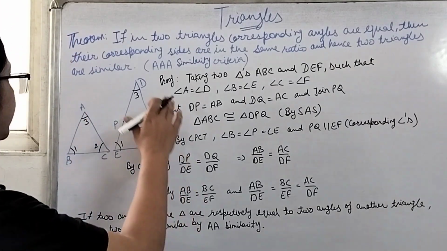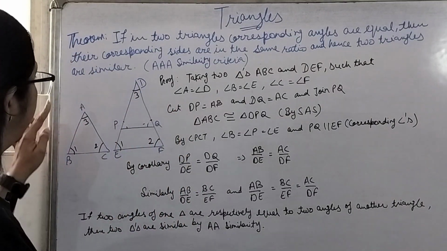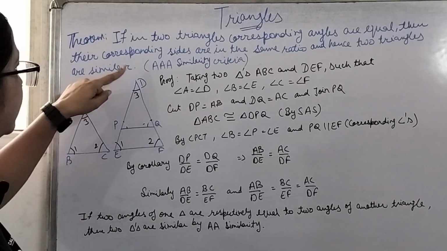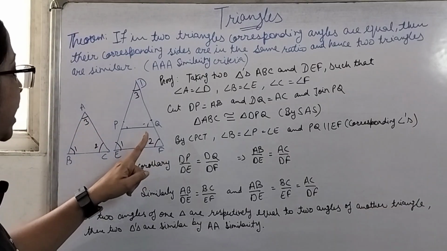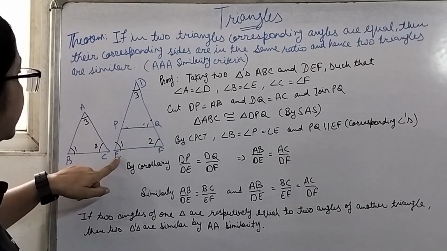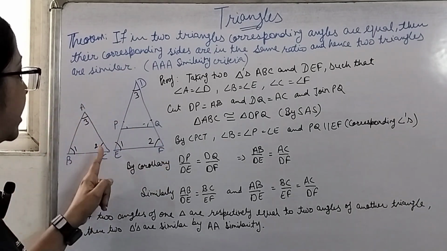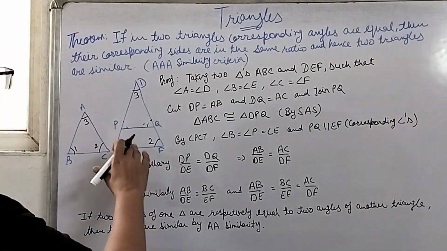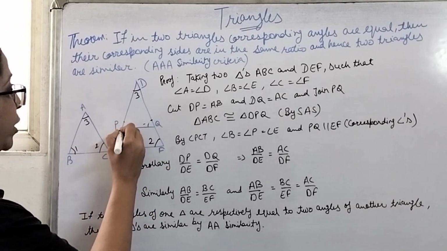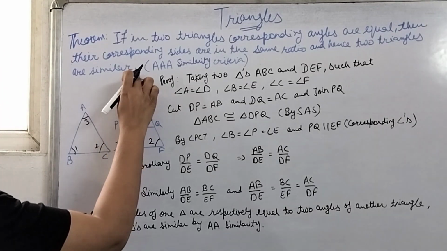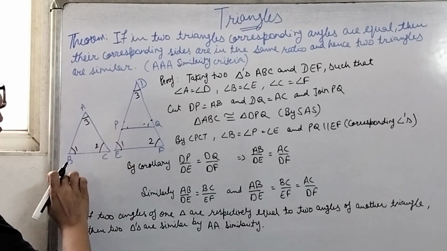Let's see. Here we have taken two triangles. One is ABC, another is DEF. In this, DE is greater than AB and DF is greater than AC. So what we have done by construction is, we have taken a point P on DE such that DP is equal to AB.